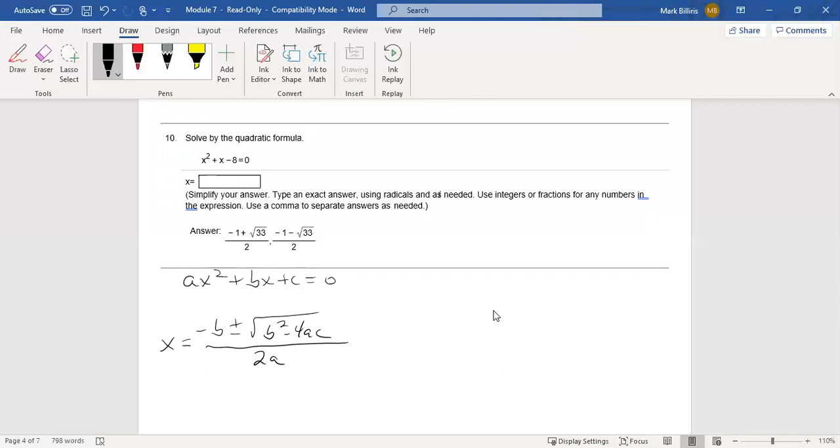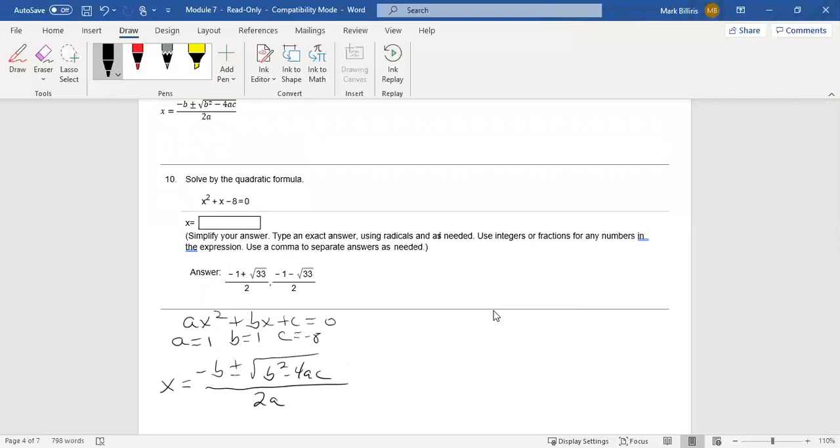Since in this case we have 1x squared, we're going to substitute 1 in for a. B is the coefficient of our x term, and in this case, since we have 1x, b is also positive 1, and c is our constant. In this case, our constant is a negative 8. So we're going to take those values and simply plug them into the quadratic formula and simplify.